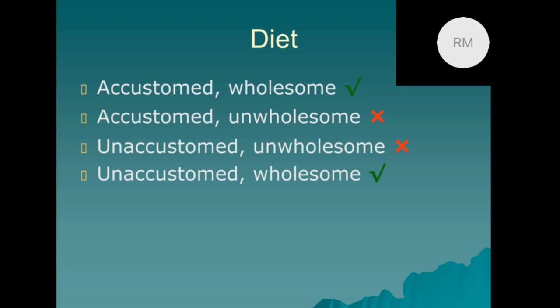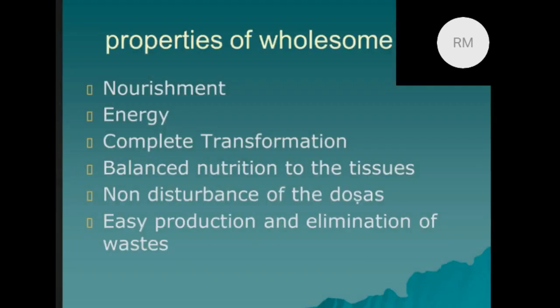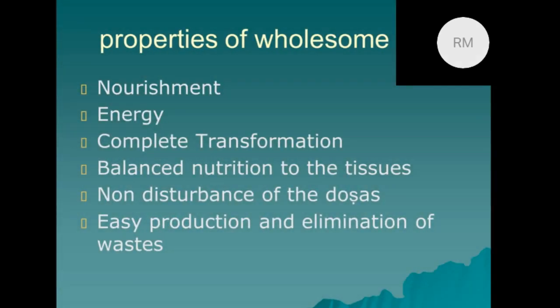You first start with compensation, then partial change, and then a complete change. So it has to be done in phases. This is a very important practical advice that Ayurveda gives, and in fact a lot of procedures have been described, and Ayurveda also defines what it means by completely wholesome food.